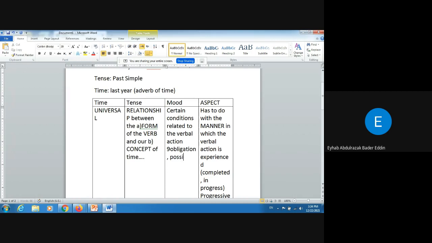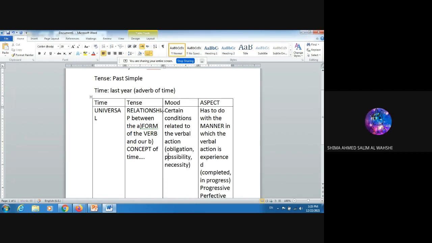Do we have possibility? Do we have necessity, etc.? So all these come under what we call mood. Okay, clear? Clear, doctor.